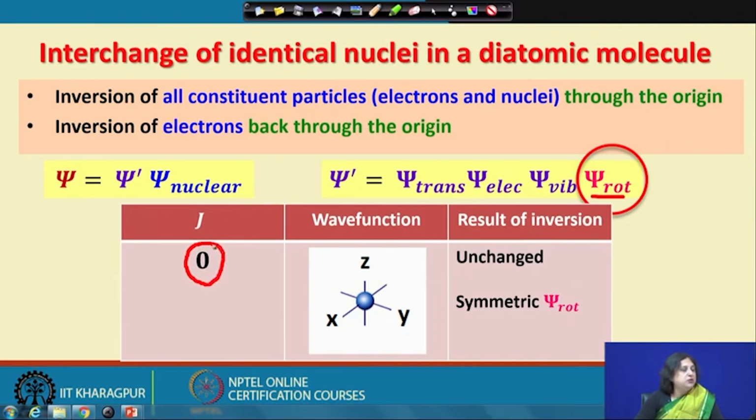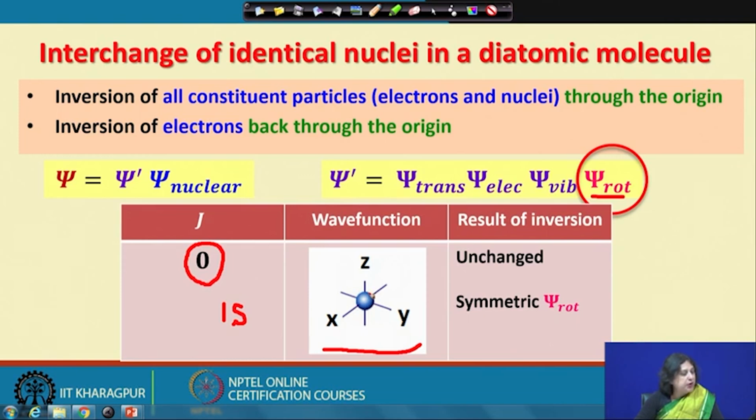When j is equal to 0, the symmetry properties of the wave function are like the 1s orbital of the hydrogen atom. Here we have shown what happens to the s orbital when this is the direction of x axis, this is the direction of positive y axis, and this is the direction of z axis.